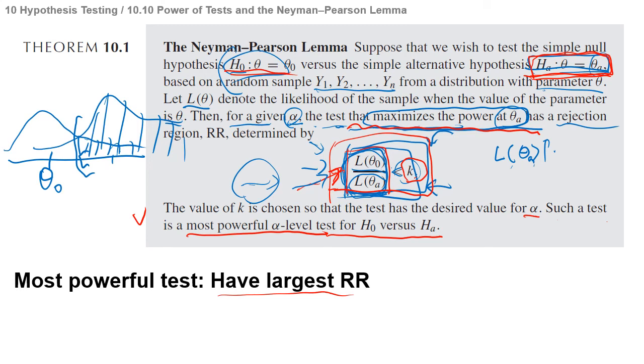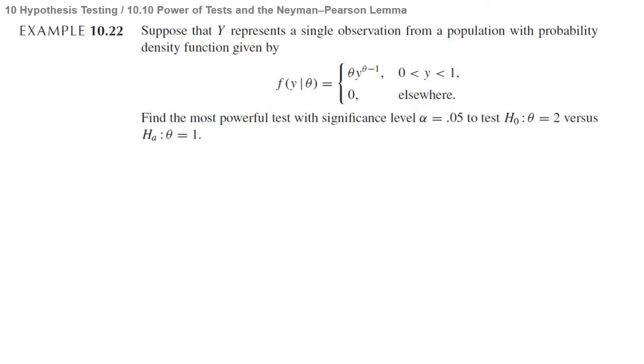For the proof of Theorem 10.1, the exact proof is out of the scope of this course. So we will learn how we apply this lemma. Let's move on to Example 10.22. Suppose that Y represents a single observation from a population with this probability density, and find the most powerful test with significance level alpha equals 0.05 to test this hypothesis.